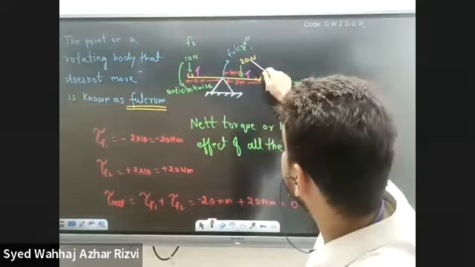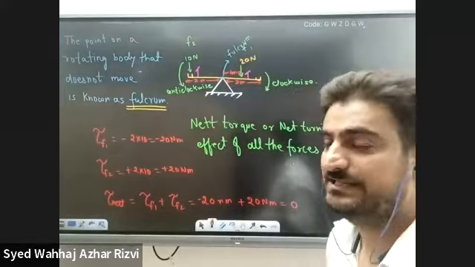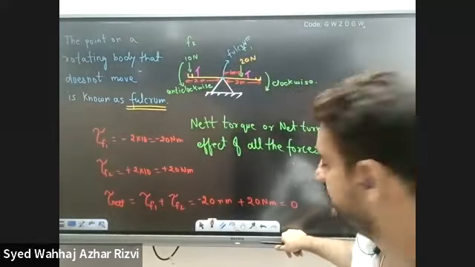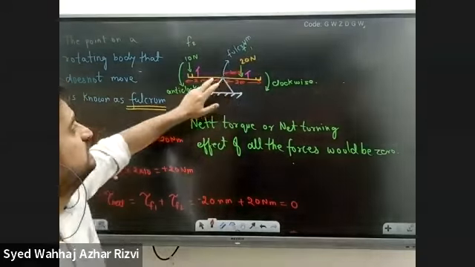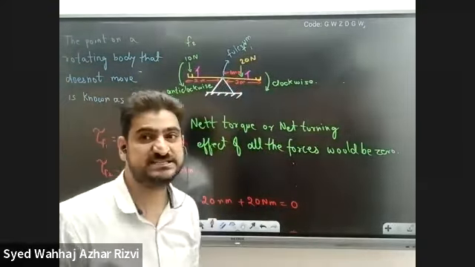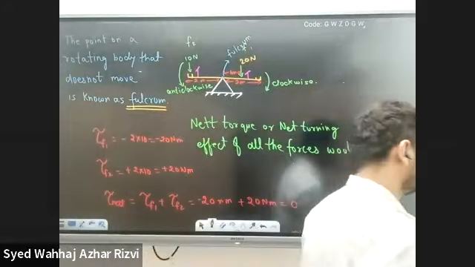I think it's going to stay the same, because we have to multiply 20 by 1. That will remain the same, 20. Okay? Now, we can say that in this condition, these two forces are balancing each other, right? Yes, sir.